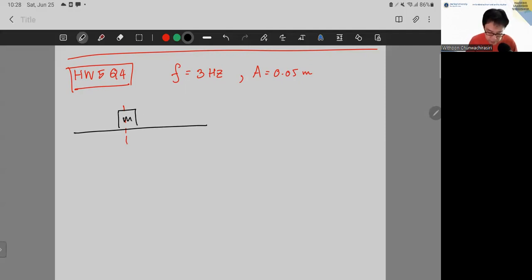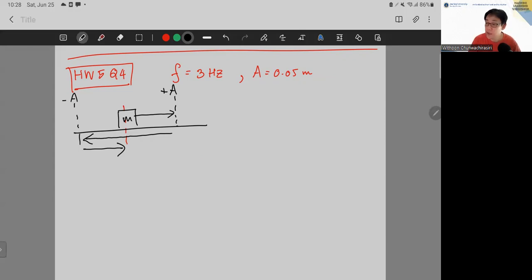You go to the right, which takes you to the amplitude in the positive sense. Then it has to come back here and eventually move to the left to the other side, which is the negative amplitude, and then come back here. This is one complete cycle. So through what total distance, they just want to know the travel distance, so you just have to add all those distances together.